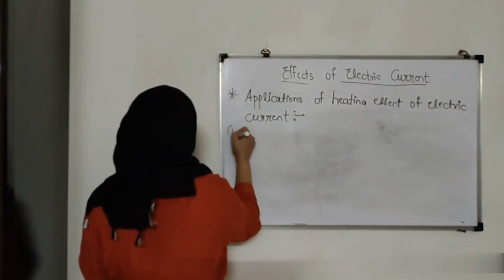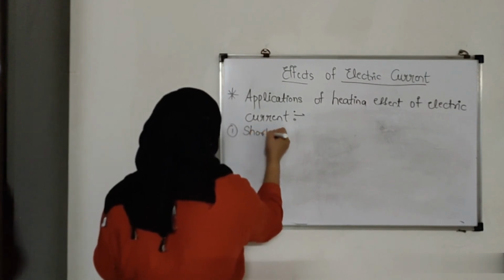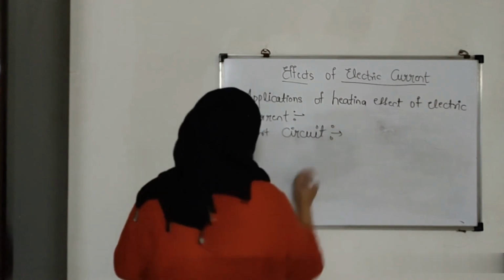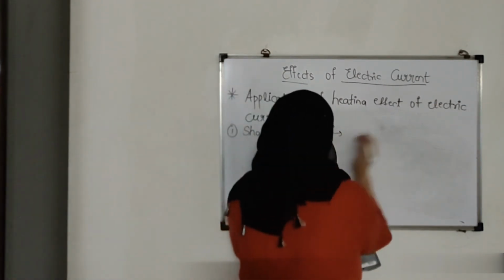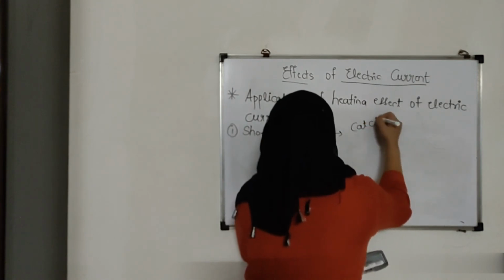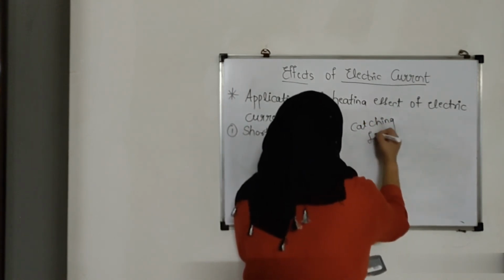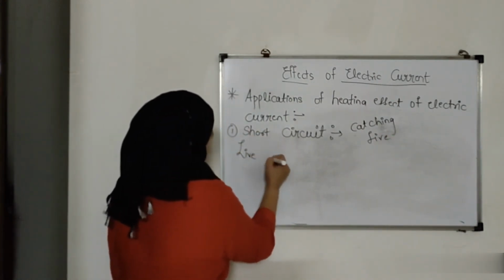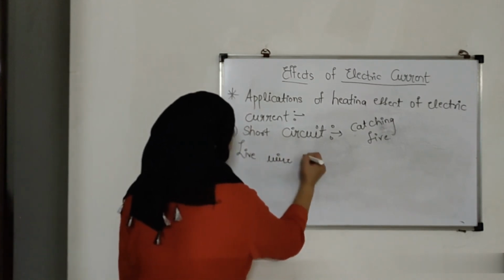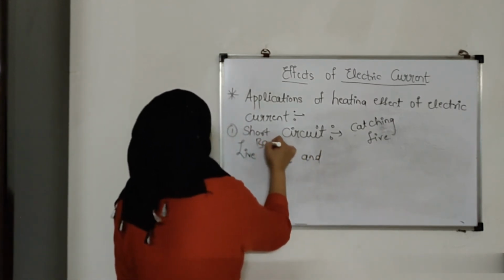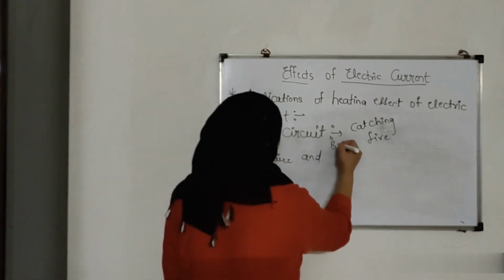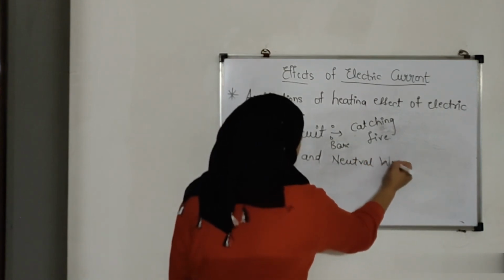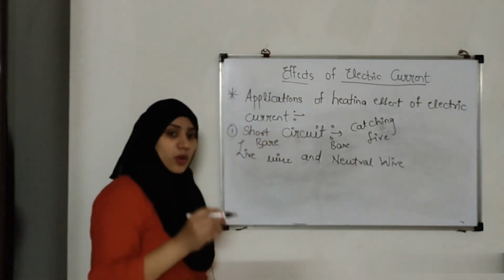Now next we are seeing is short circuit. Short circuit means what? Catching fire. Now how does it catch fire? See, this is my live wire and my neutral wire, bare live wire and bare neutral wire. It comes in direct contact with each other. What happens?